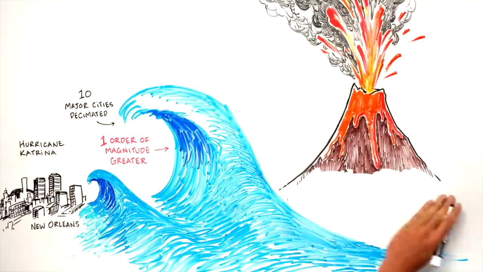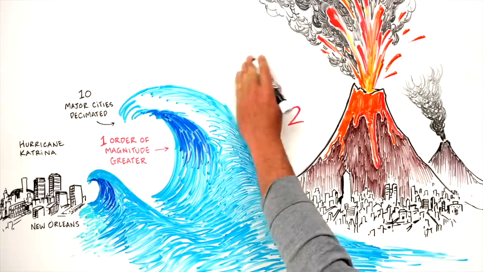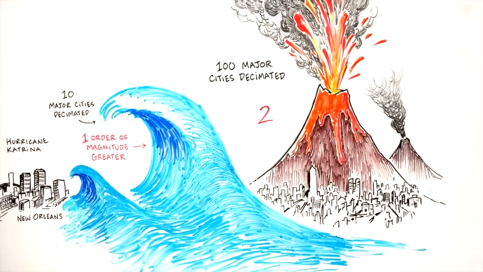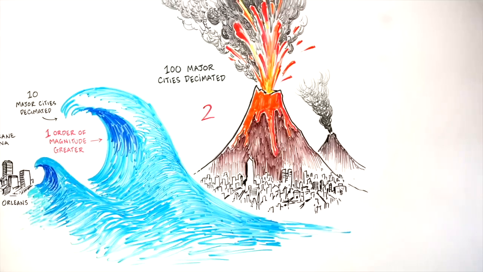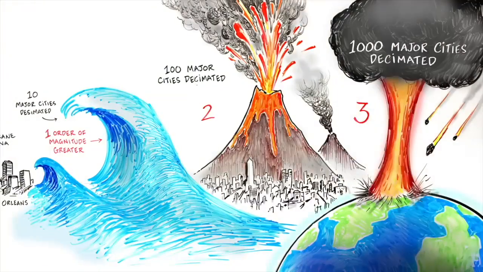Now what if we were talking about 2 orders of magnitude? Let's say, to put it into a rough equivalency, an event that could cause the decimation of 100 major urban areas. Could we recover from that? Questionable. Now let's go 3 orders of magnitude. And now we're talking about the equivalent of 1,000 major cities completely decimated.